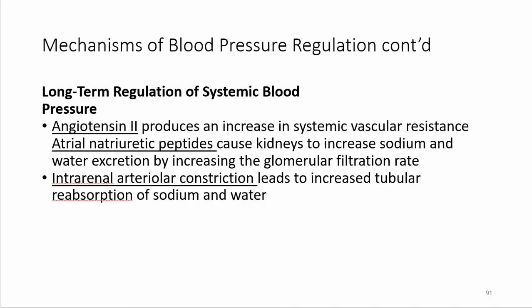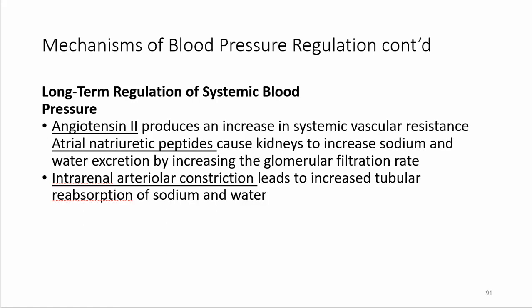Now, the increased amount of blood volume causes increased filling and actually stretches or dilates the atria of the heart. The atria of the heart responds to this dilation by releasing a protein called atrial natriuretic peptide. Now, atrial natriuretic peptide literally means, when you break down the word, protein that puts sodium in your urine.